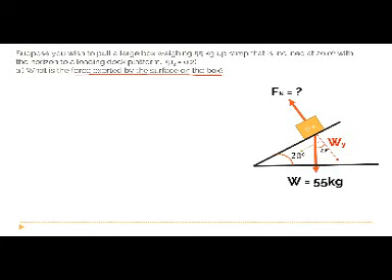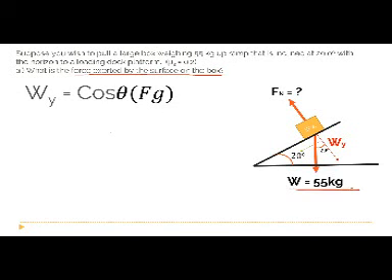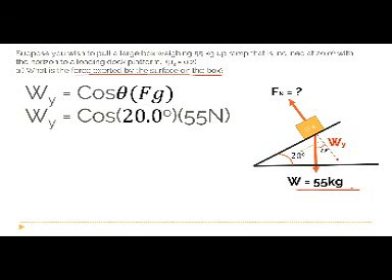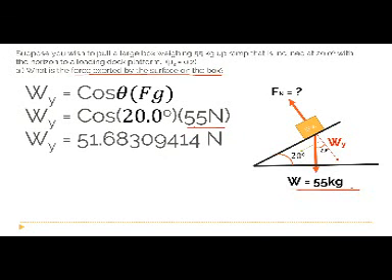To solve for our W sub y, cosine theta times F sub g, or the weight, where theta is equal to 20.0 and the force due to gravity is 55 Newton. So W sub y is equal to cosine 20.0 degree times 55 Newton, and that is equal to 51.68 Newton. Since the least number of significant figures is two, we round this to two significant figures.